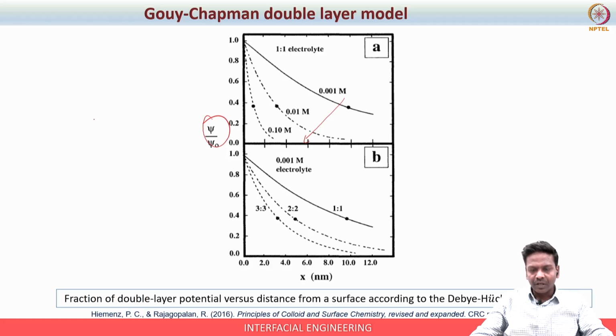If you change the concentration of electrolyte, keeping the type of electrolyte the same, how does the fraction of double layer potential vary?